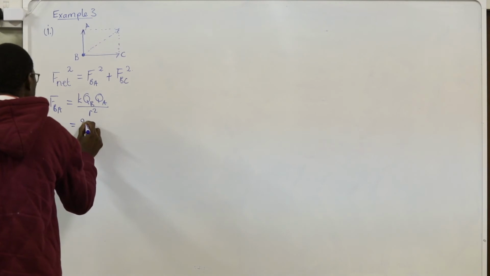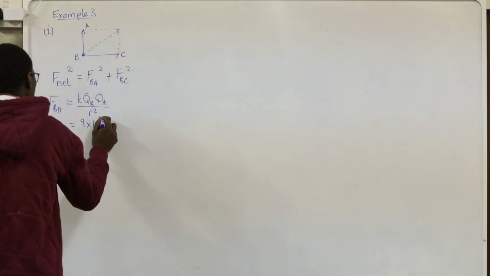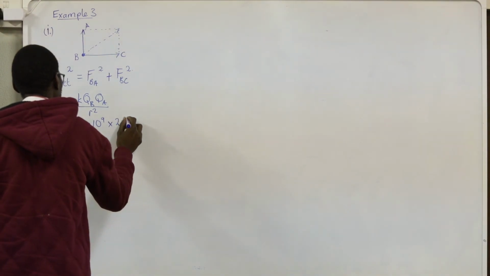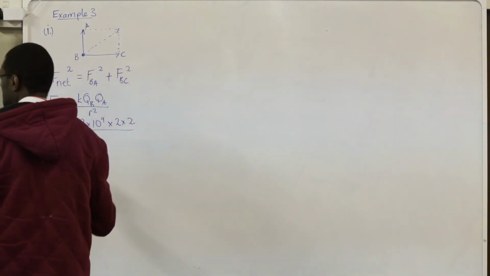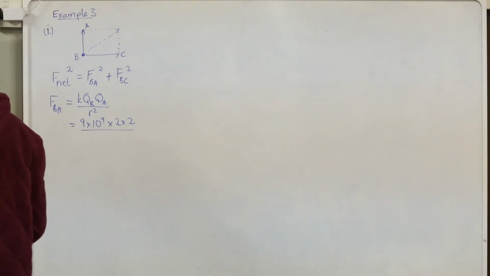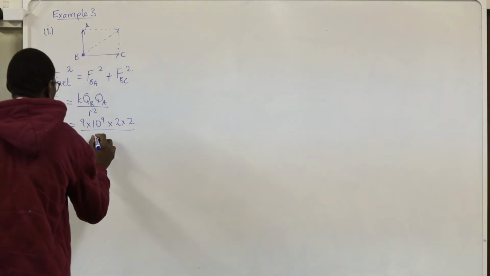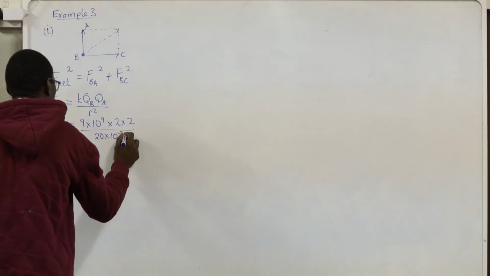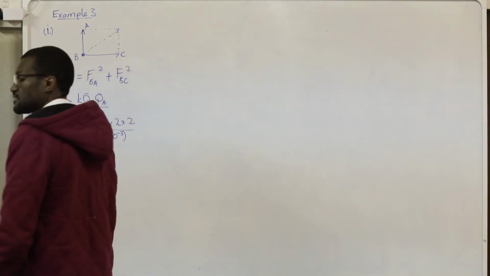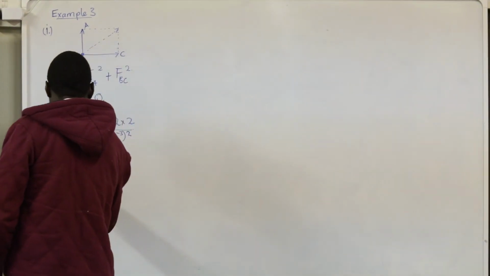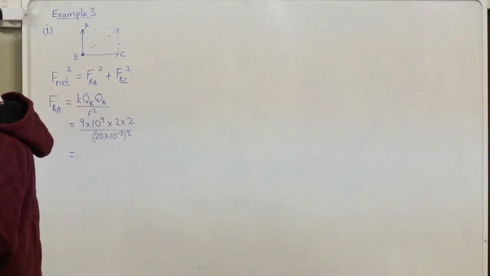So what's my K? 9 times 10 to the power of 9. What's my QB? Times 2. QA times 2. The distance between A and B is 20 millimeters. I can say 20 times 10 to the power negative 3 because there are 1,000 millimeters in a meter, all squared. What is my final answer?